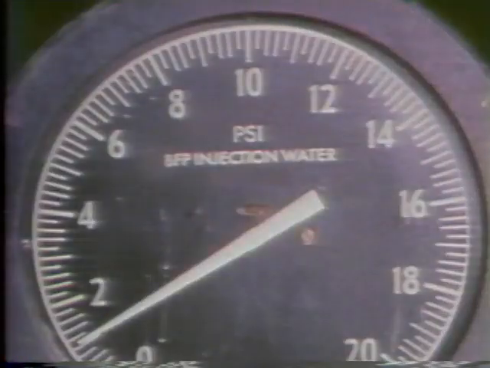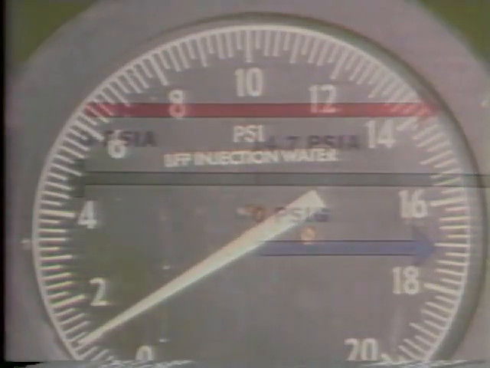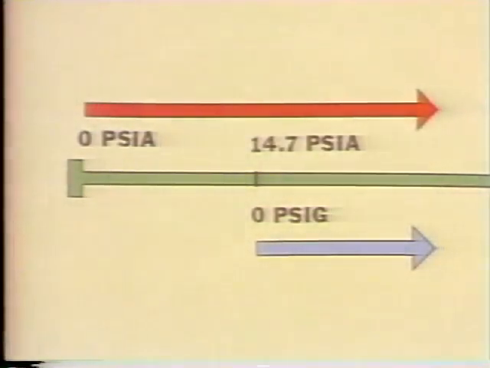The A in this case means absolute. Now, occasionally, you'll find gauges that are simply marked PSI. In situations like this, you must check with your supervisor to make sure what type of pressure the gauge is measuring.